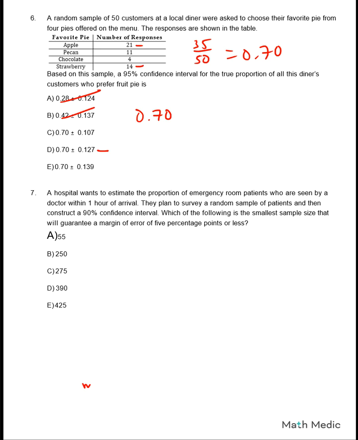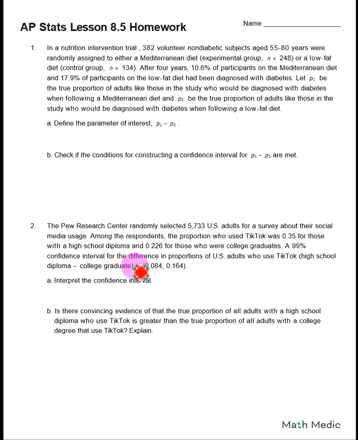Okay, let's move on. Number 7, a hospital wants to estimate the proportion of emergency room patients who are seen by a doctor within 1 hour of arrival. They plan to survey a random sample of patients and then construct a 90% confidence interval. What is the smallest sample size that will guarantee a margin of error of 5 points or less? So this is that same thing. You're going to set up 90%, I think it is 1.645?